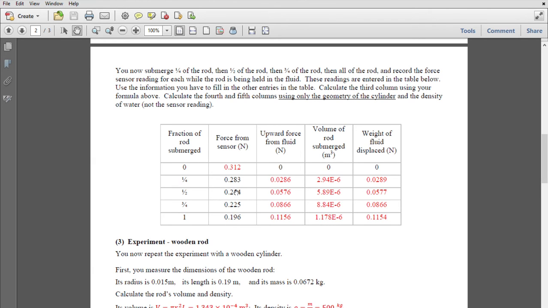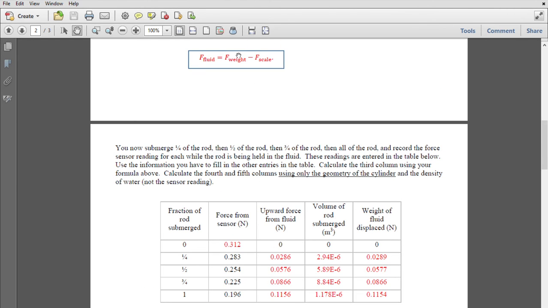Then we're imagining in the other cases, when I submerge it a quarter of the way, halfway, 3/4 of the way, we're going to read the force sensor reading and then use our formula up here. The fluid force is the weight force minus the scale force, to determine what the upward force from the fluid is. So I've just used that.